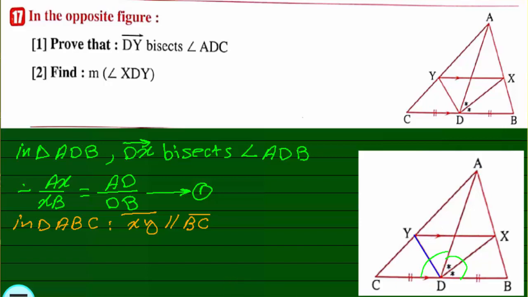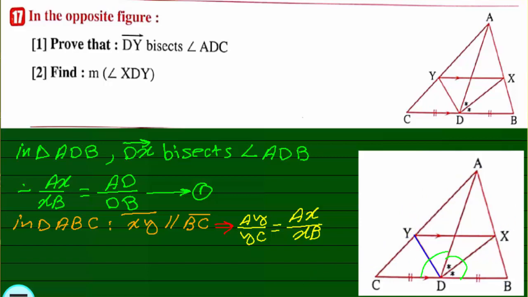Okay, then we deduce that AY over YC equals AX over XB. Again, we have XY is parallel to BC. So you can say that AX over XB equals AY over YC, or AY over YC equals AX over XB.